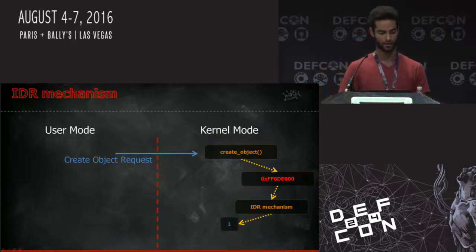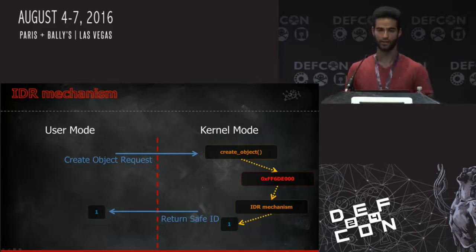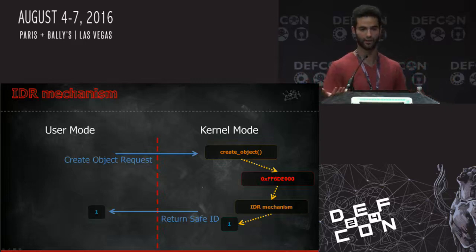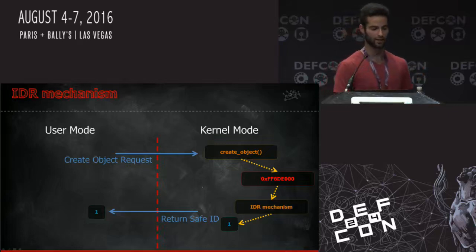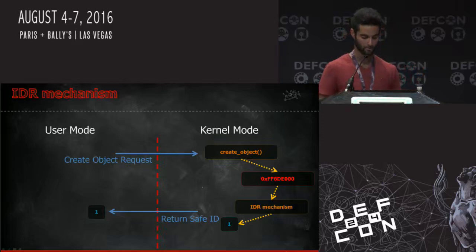And now the number 1 is returned to the user. And each time the user wants to update the object, destroy the object, do whatever it wants to do to the object, it will send the kernel just, hey, I want to update this object ID 1, and the kernel will use the IDR mechanism to get the address from this 1.